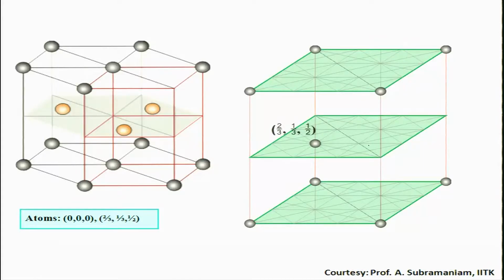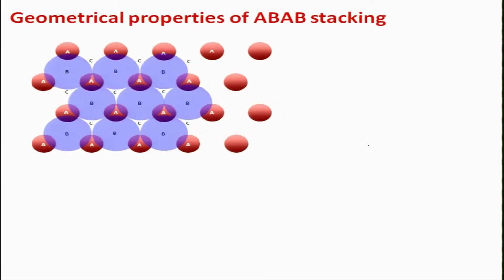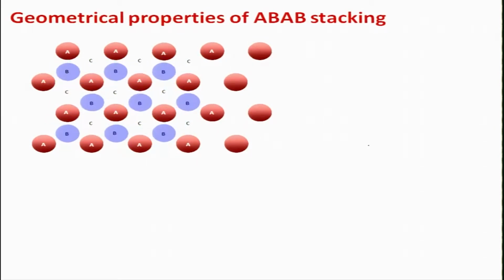Okay. So this is another representation of the hexagonal closed pack lattice. So let us see the geometrical properties in this case. You have AB kind of stacking. I have just made them a little smaller.